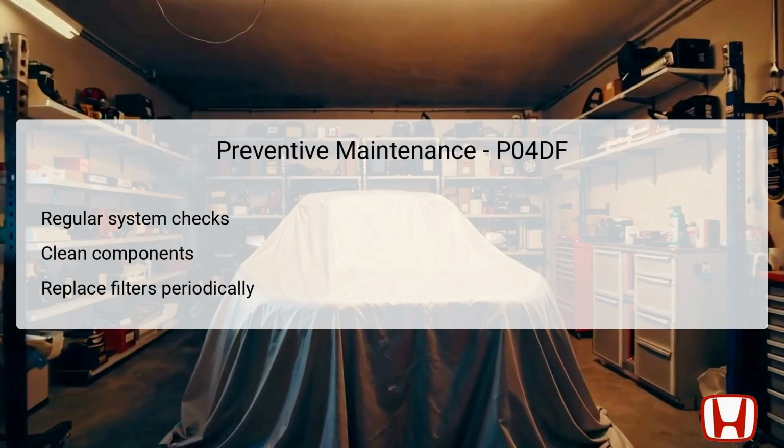Cleaning components can help eliminate debris and particulates that could lead to sticking or malfunction. Additionally, it's advisable to periodically replace any filters associated with the system to ensure optimal performance. By committing to these maintenance practices, you can achieve enhanced reliability and longevity for your Honda Accord's EVAP system.